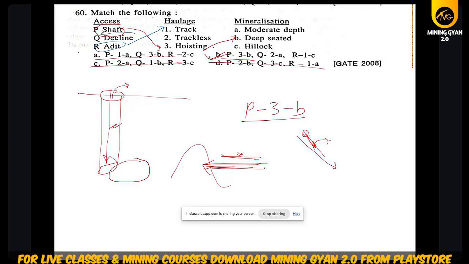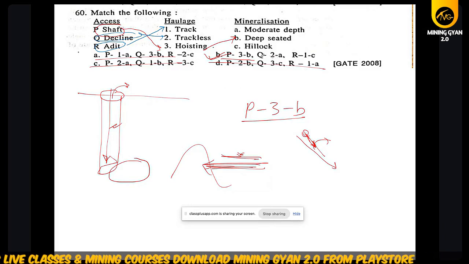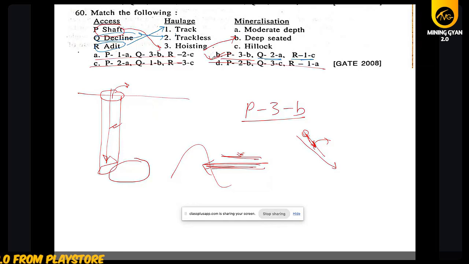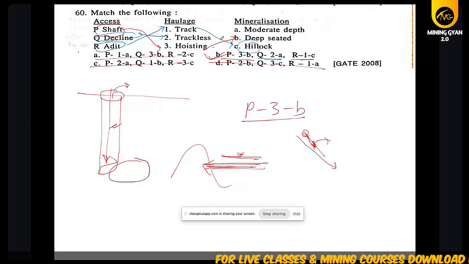And for the decline you do not need a track, so it will cross verify your answers. And in the adit, track, then haulage, and decline for trackless and moderate depth.